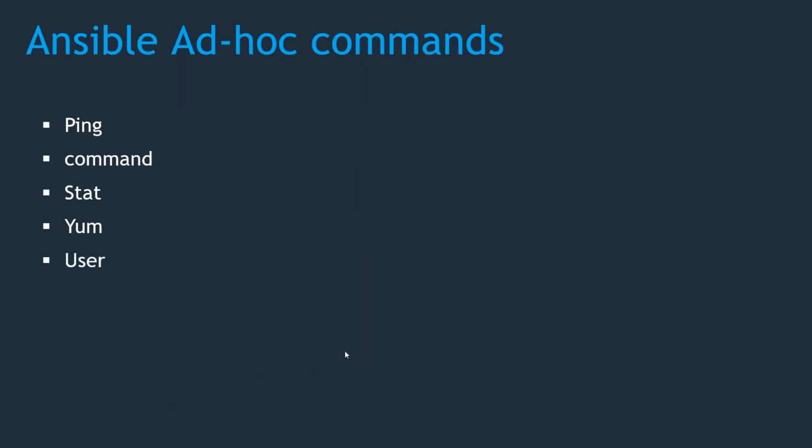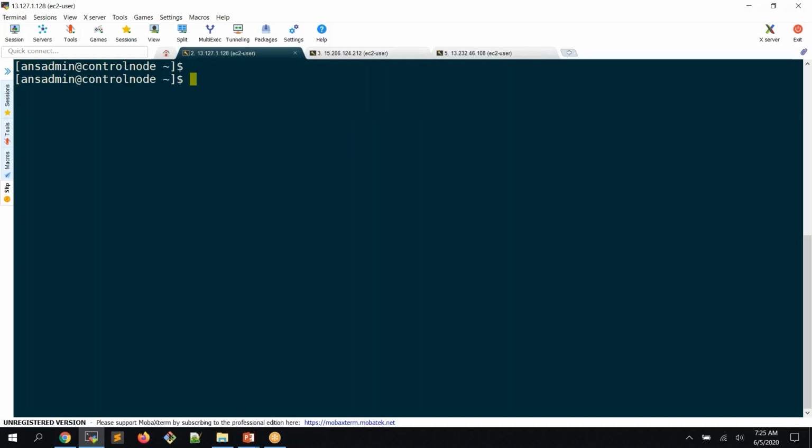Next, user. User is another module which helps us to create a user. Let's go and create a user on all the target systems. I would like to create a user called Modi on all my target systems.